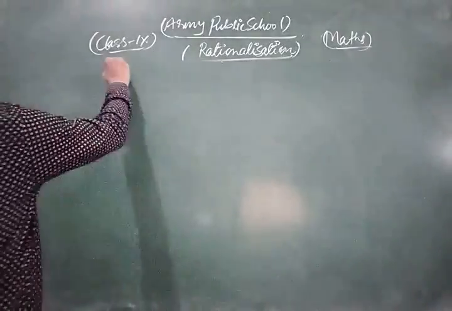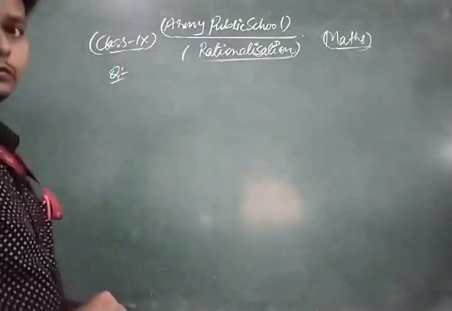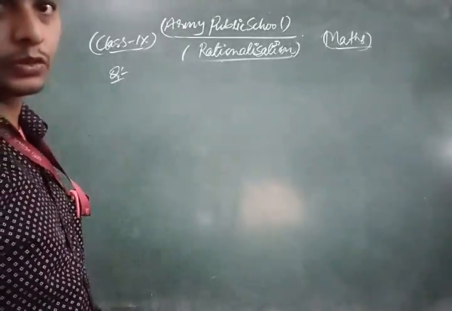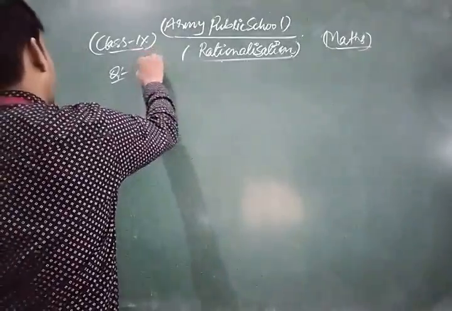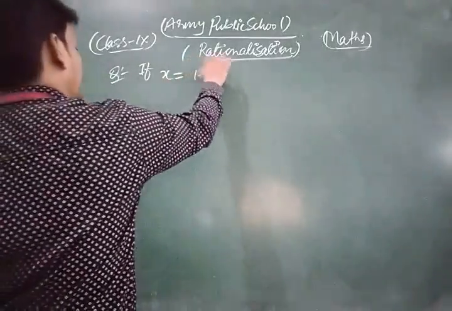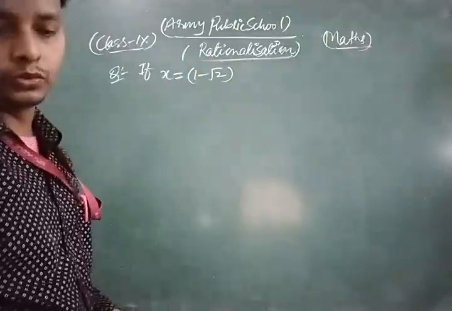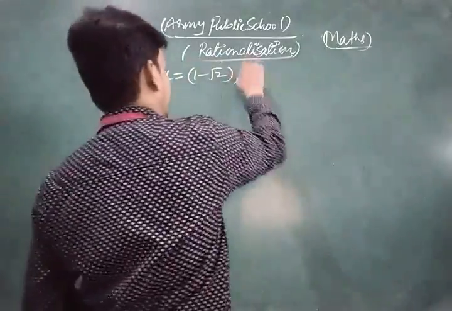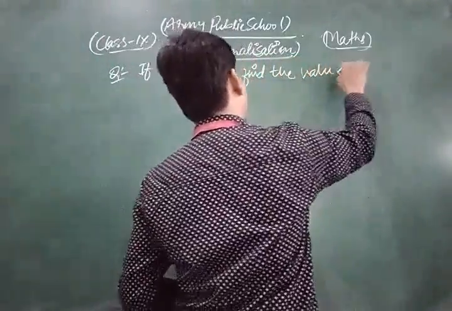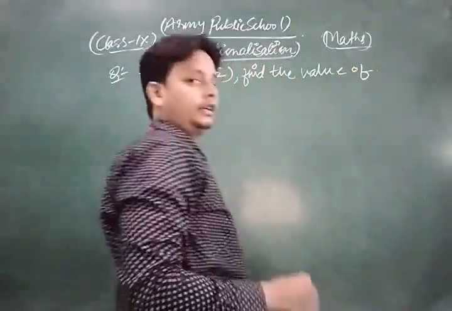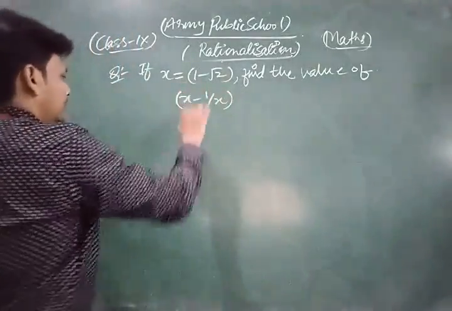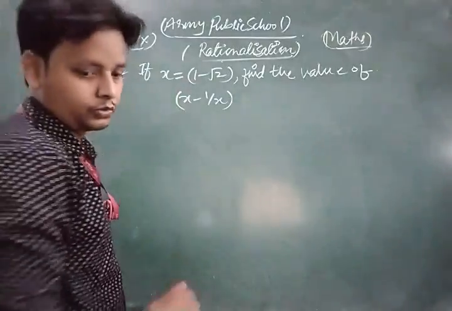Now we take a very important question of your syllabus, and your question is, if x is equal to 1 minus root 2, 1 minus under root 2, find the value of x minus 1 upon x whole power cube.